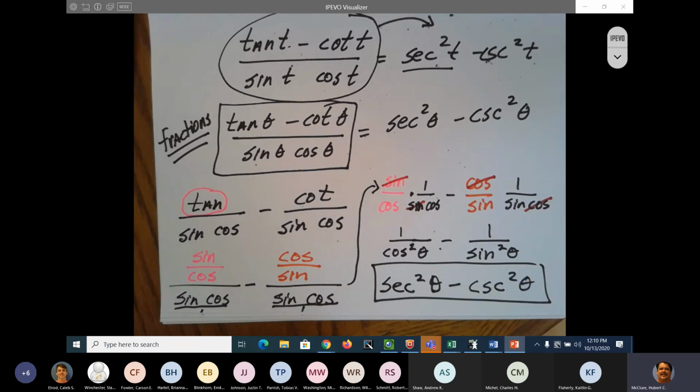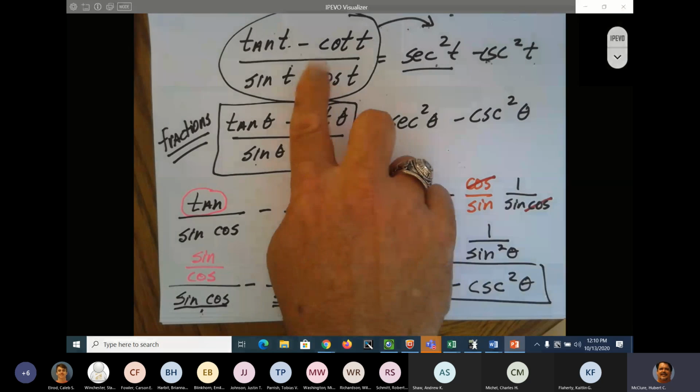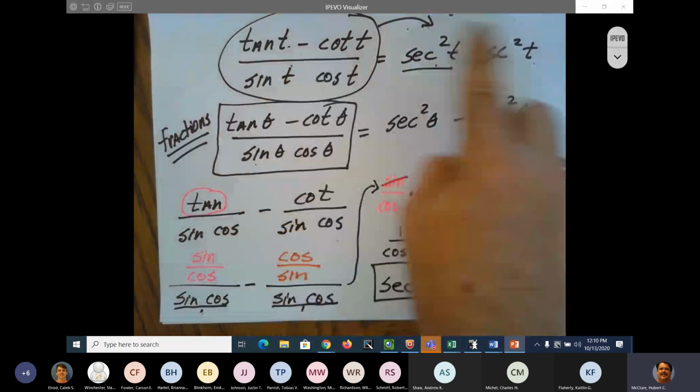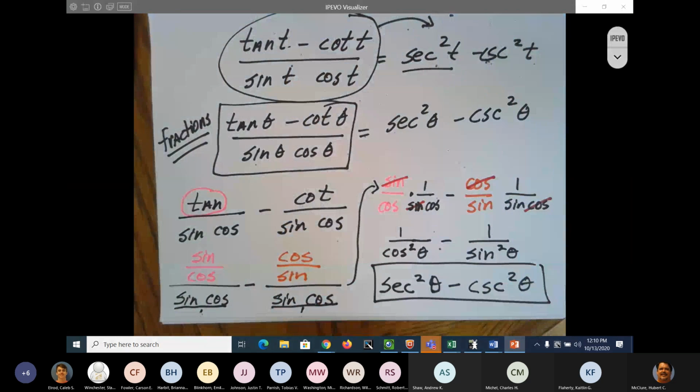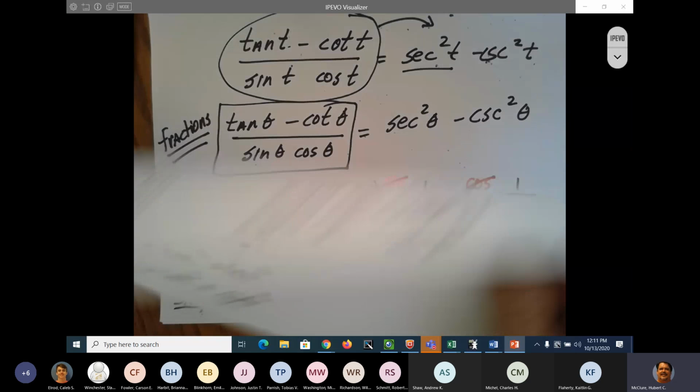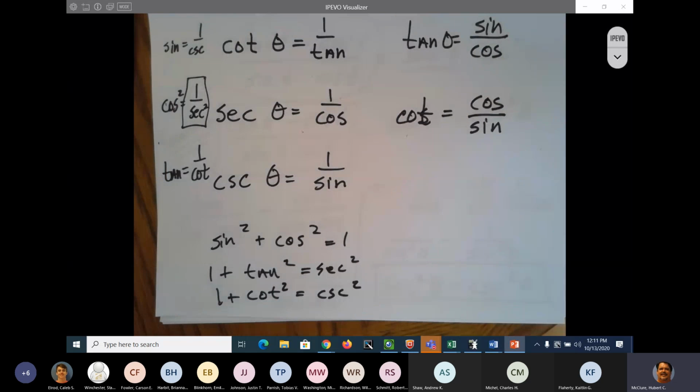Because you're starting with something, and you've got to rewrite it like that side. And you've got to use these fundamental identities to do it.